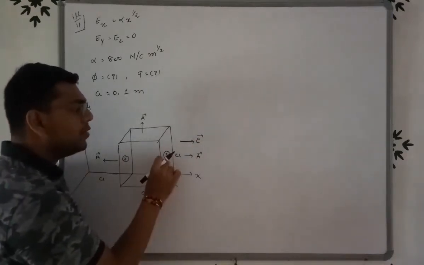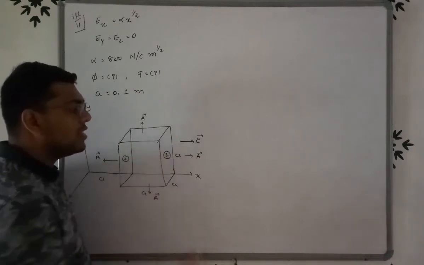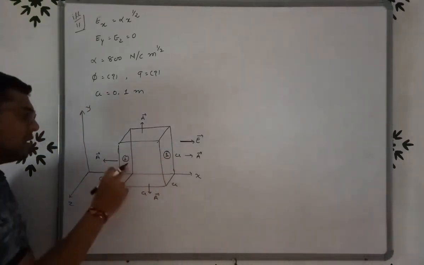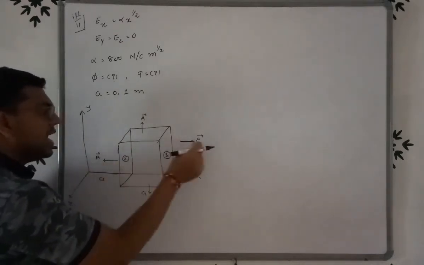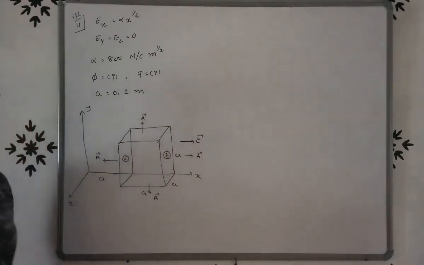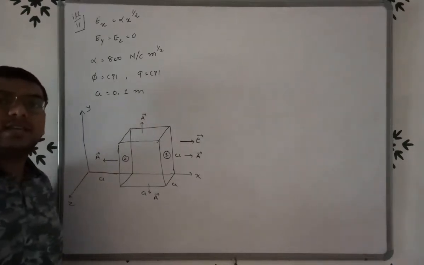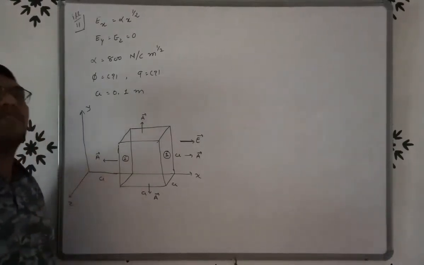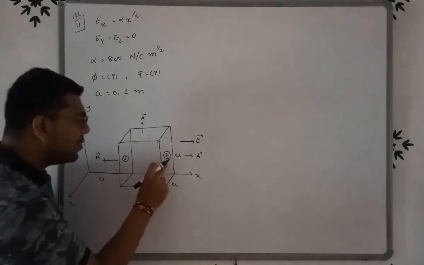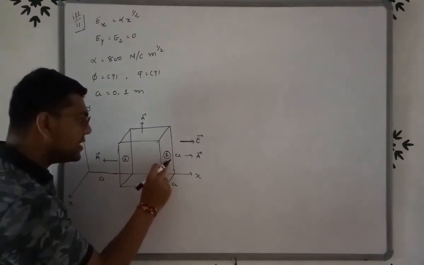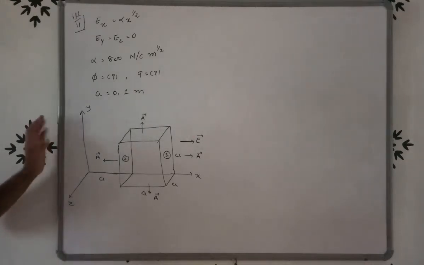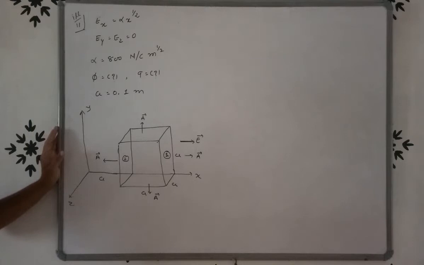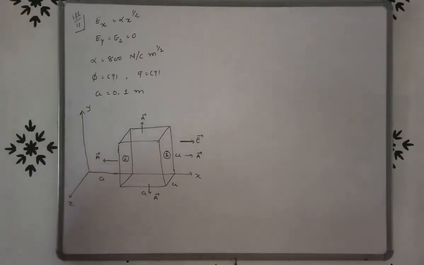So we have to calculate flux for surface 1. Now for surface 2, the direction of E and A are opposite, so theta will be pi. So cos pi is equal to -1. So we have to calculate the flux for surface 1 and surface 2, right? For these two surfaces, we have to find out the flux.